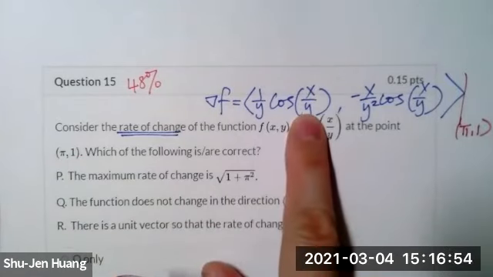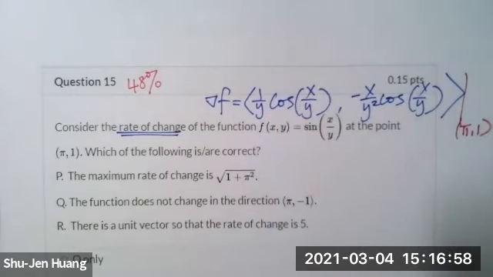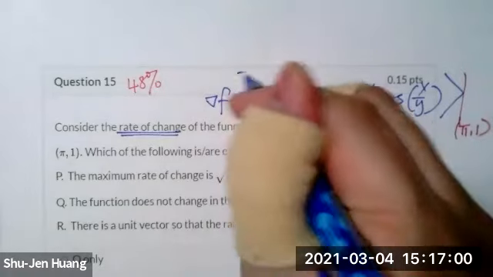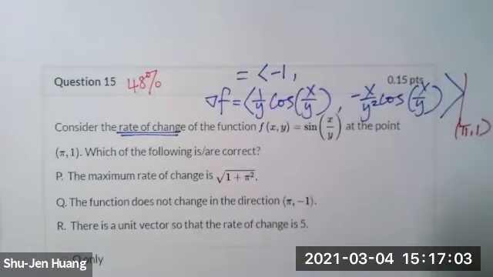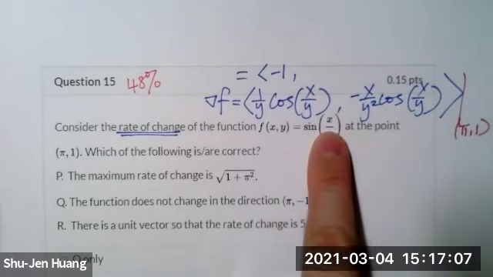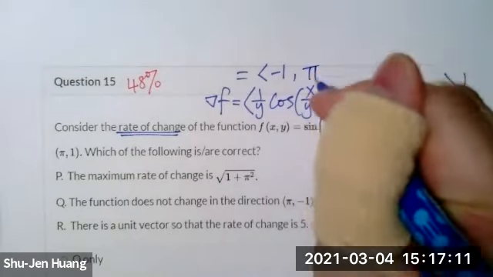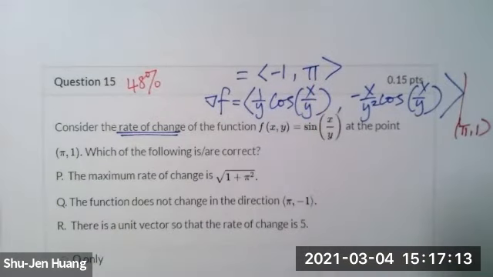So the angle here is pi. Cosine pi is -1. So the first component is -1. The second component, this is -1, and that's minus pi over 1. So that gives us pi here. So we got the gradient is -1 comma pi.